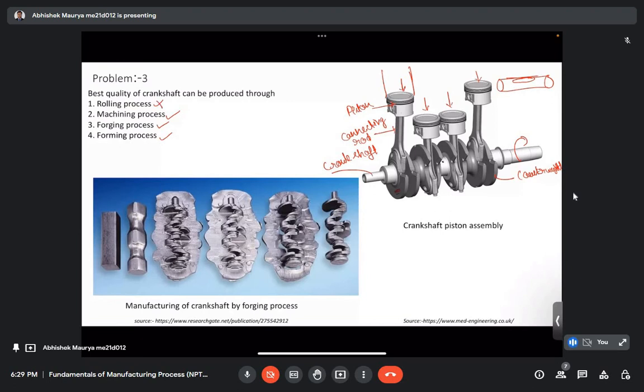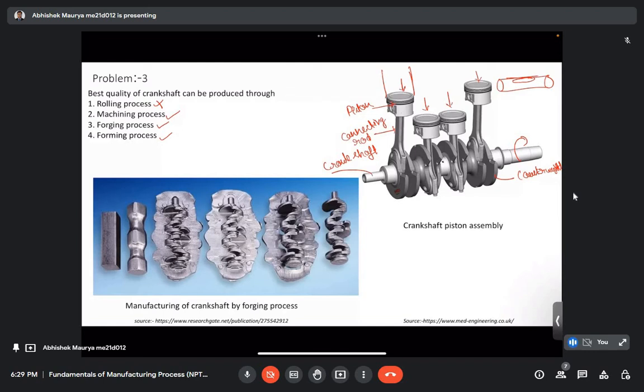Whenever we want to produce this kind of component with the help of rolling, it will be very difficult, or let's say impossible, to achieve this much complexity through the rolling process.